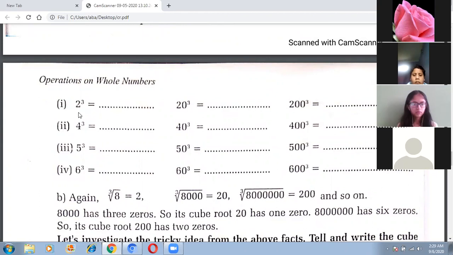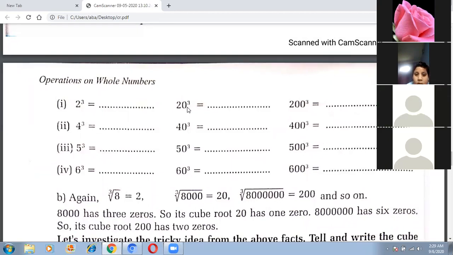Okay, question number 1. 2 cube means what? 2 cube means 2 into 2 into 2, 8. Yes. Now 20 cube. 20 has only 1 zero. So what is about this 20 cube मा कतिवटा 0 हुन पर्यो? 3 zeros. Yes. 2 into 2 into 2, 8. Then you write 3 zeros. Means what? 8,000.